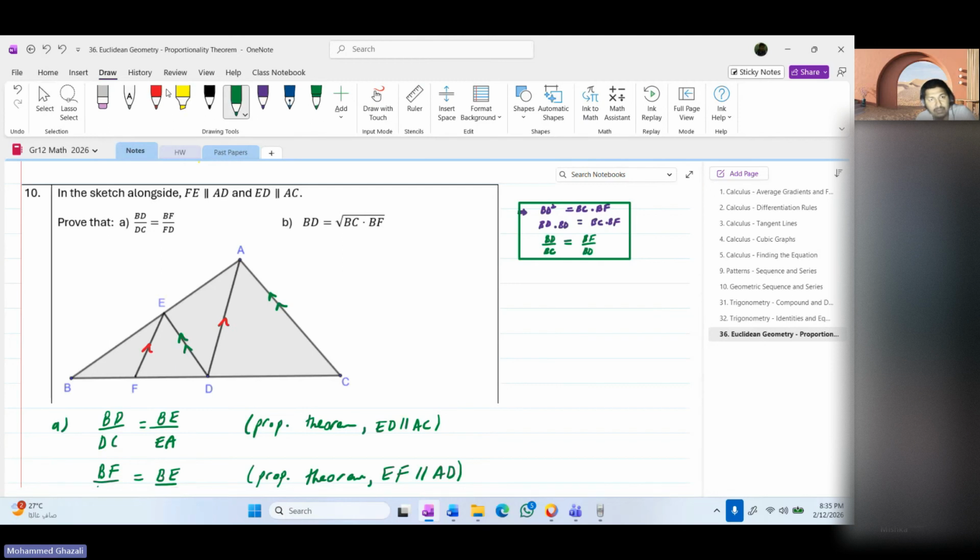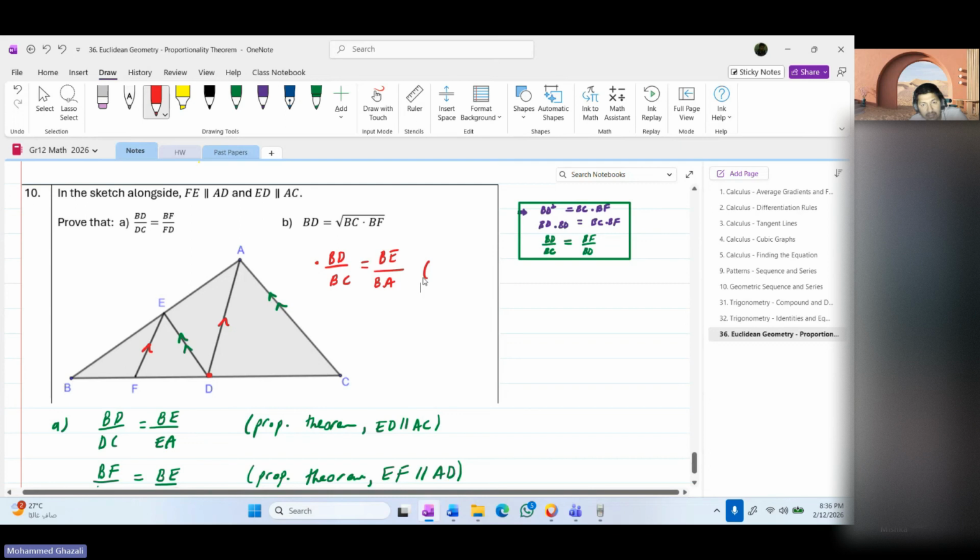So I am going to start with BD over BC. Using these green parallel lines, this is equal to BE over BA.